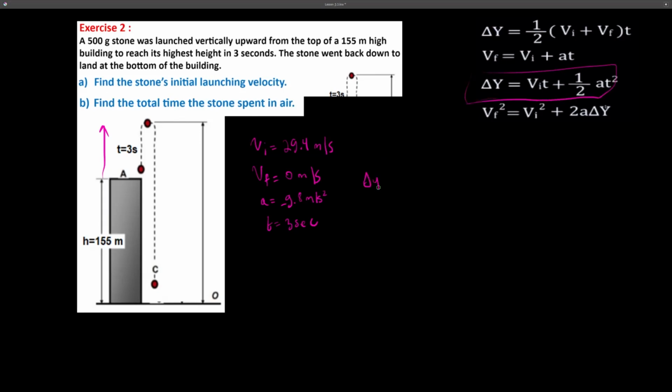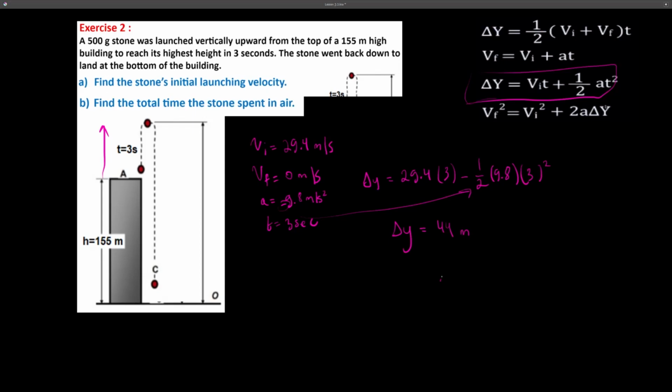Delta y is equal to v initial times t, so 29.4 times 3, plus, we'll take the minus, 1 over 2 times 9.8 times t squared, so 3 squared. This way we can calculate the delta y. It's going to be around 44 meters.